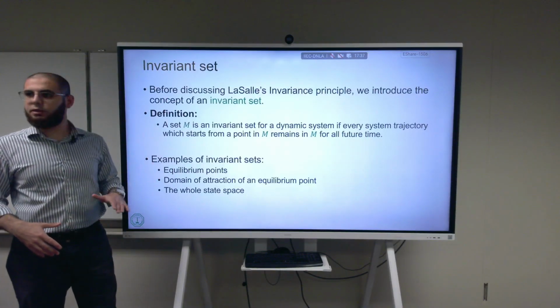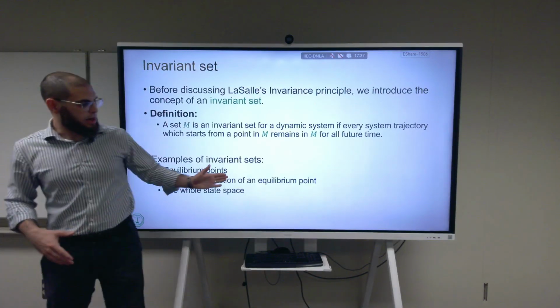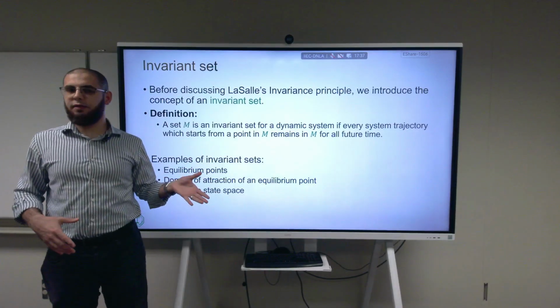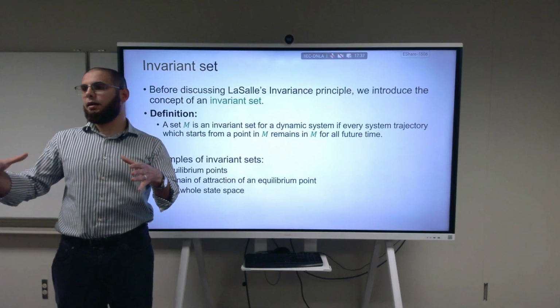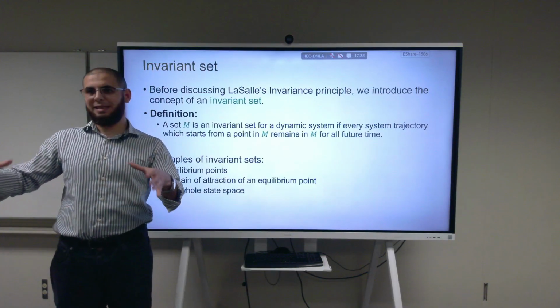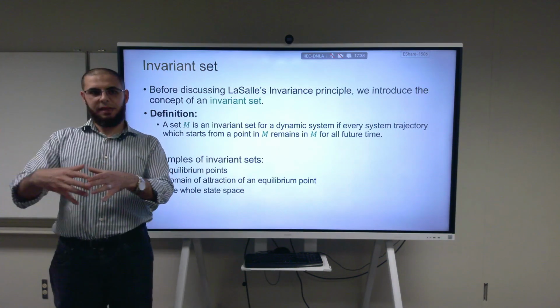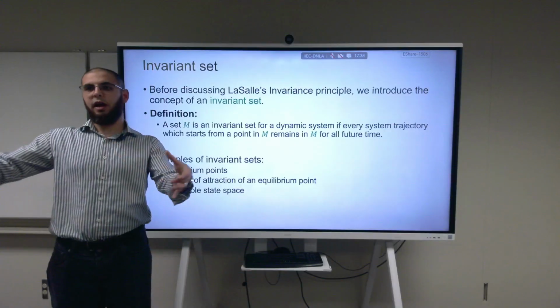Examples: equilibrium points, and the domain of attraction of an equilibrium point. What is this idea of the domain of attraction? Remember that if we have an asymptotically stable equilibrium point, it means that if I start away from it, I go to that equilibrium point.